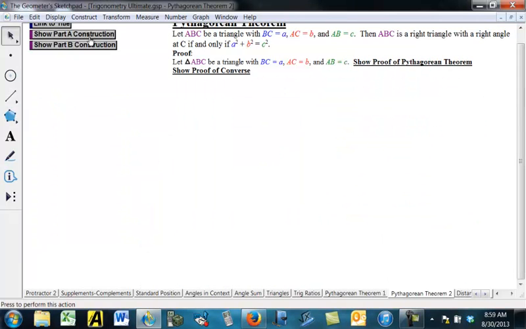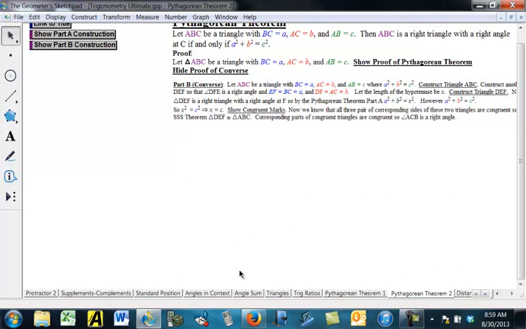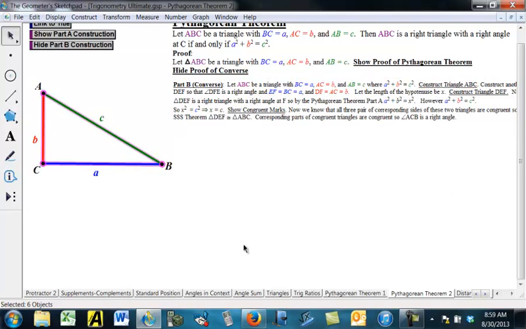So now let's go through the converse. We're going to go the other direction. Suppose we have a triangle with sides of length A, B, and C, like this, and we know that A squared plus B squared equals C squared. We don't know yet anything about the angles.